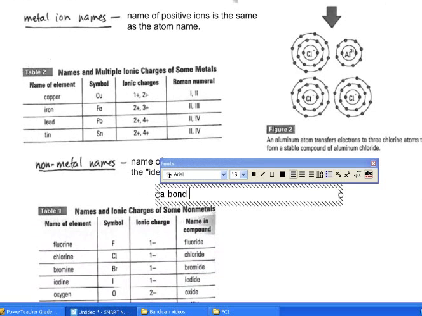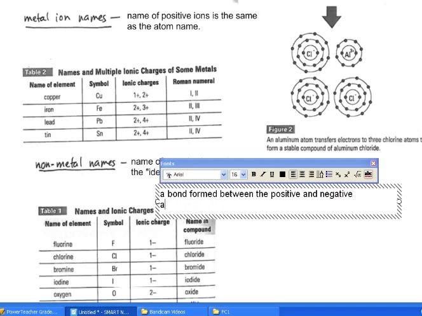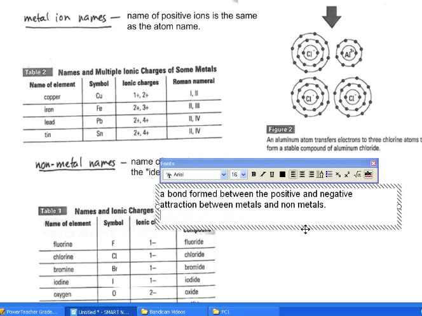A bond formed between the positive and negative attraction between metals and non-metals. Okay?